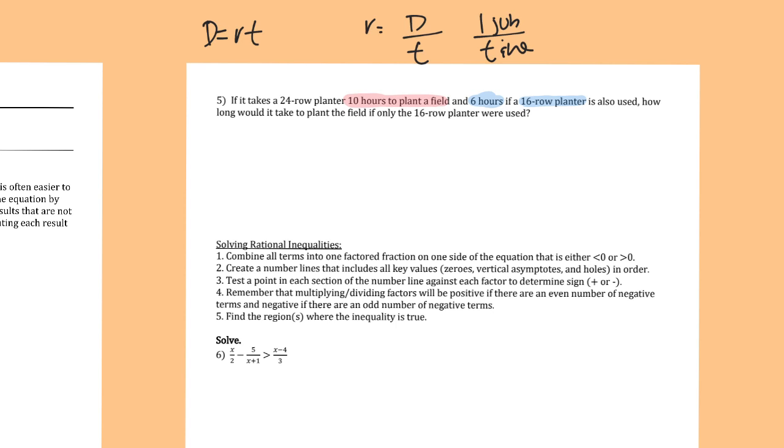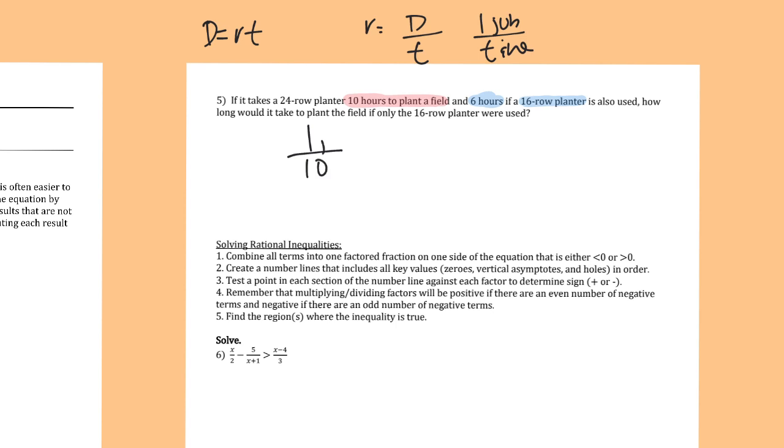If they work together, they can take 6 hours. And then the question is, what if I only use the 16-row planter? I would think that would take longer than if I use the 24-row planter, because it can't do as many rows per pass. So let's see what we can do about this one. Sometimes they'll say one planter takes one job every 10 hours.